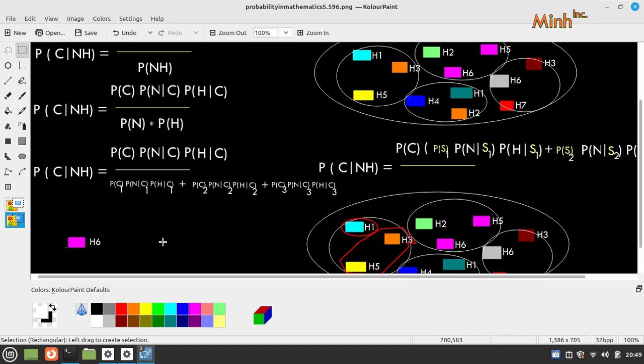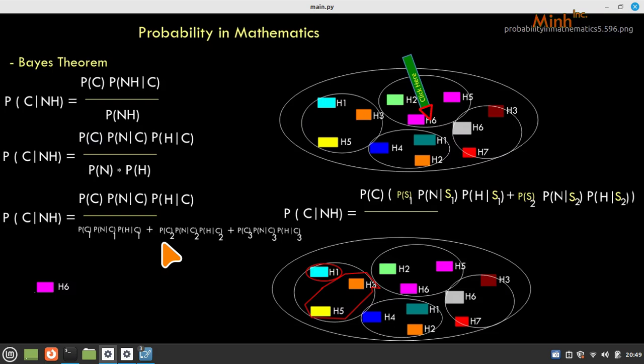So this is the query: if a person's name is purple and his height is 6 feet, then what is the probability that he belongs to a particular country?